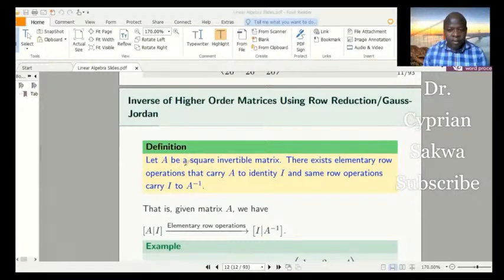What this method says is that supposing I was to write A with the identity matrix, then there will exist elementary row operations that will take A to the identity matrix and then take the identity matrix to the inverse of A. So we'll be carrying out elementary row operations to make matrix A become the identity matrix, and those same operations performed on the identity matrix carry it to the inverse of A.